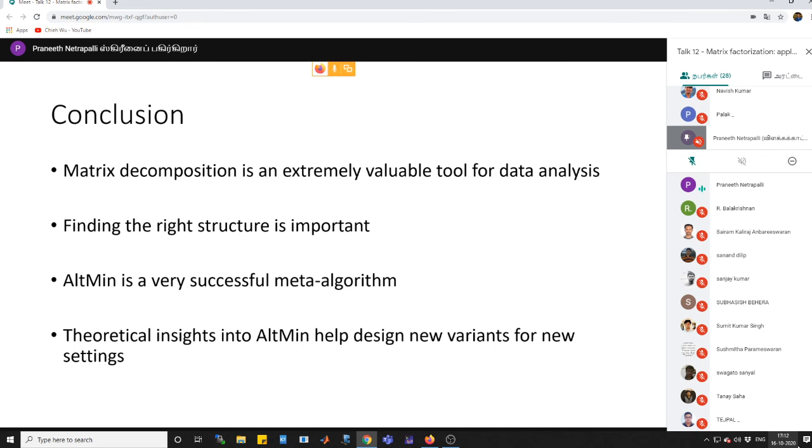And once we are able to establish what a good structure for the matrix decomposition could be, in many of these cases alternating minimization is usually applicable, and in most of these settings it has been a very successful meta-algorithm. There have also been a lot of theoretical insights into the behavior of alternating minimization now, and hopefully this can help us develop even more efficient algorithms for other settings going forward.